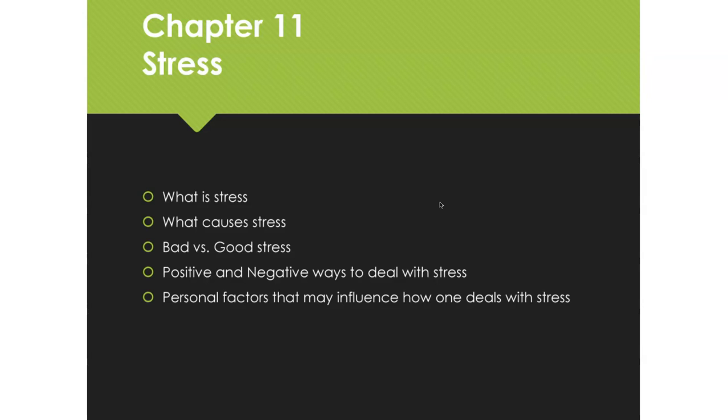As far as the personal factors that may influence how one deals with stress, those would be the different types of personalities. Which one of the 4 handle stress well, which ones don't handle stress well. Be able to explain the fight or flight response. Could also be another thing that falls under this chapter.